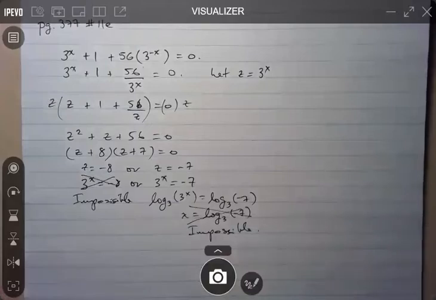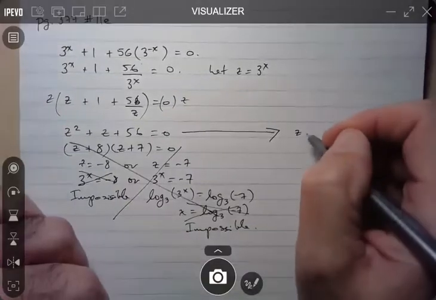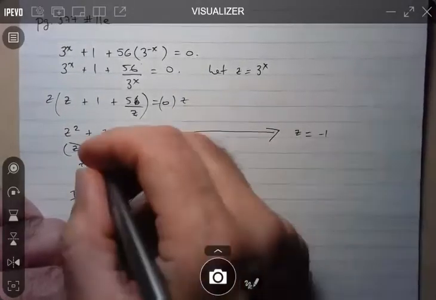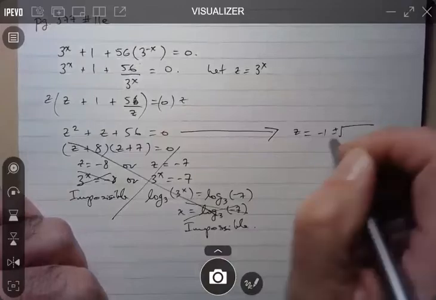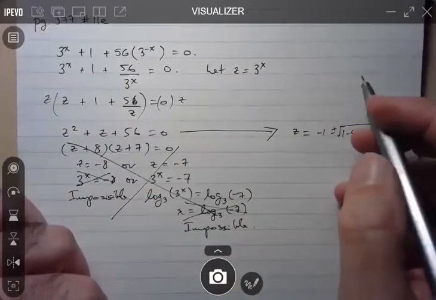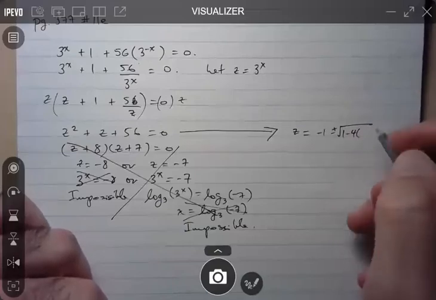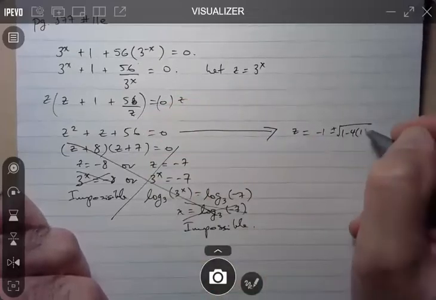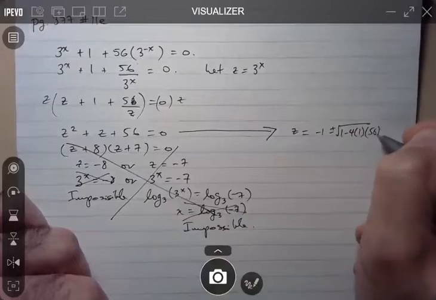Yeah, Krish, go ahead. I think for this one, it doesn't factor. I think you have to use the quadratic formula. Let's use the quadratic formula, -b plus or minus the square root of b squared minus 4 times a times c, which is equal to 1 times 56.